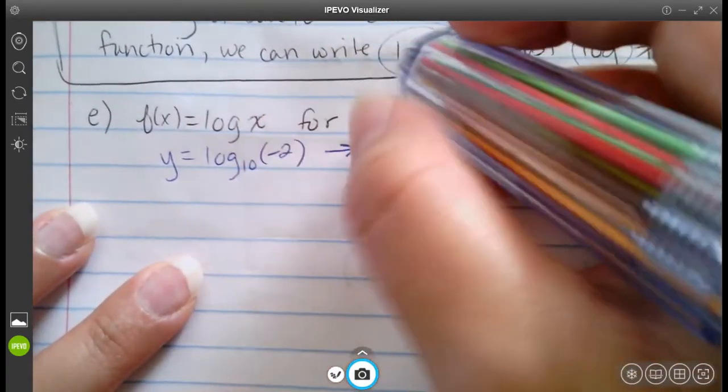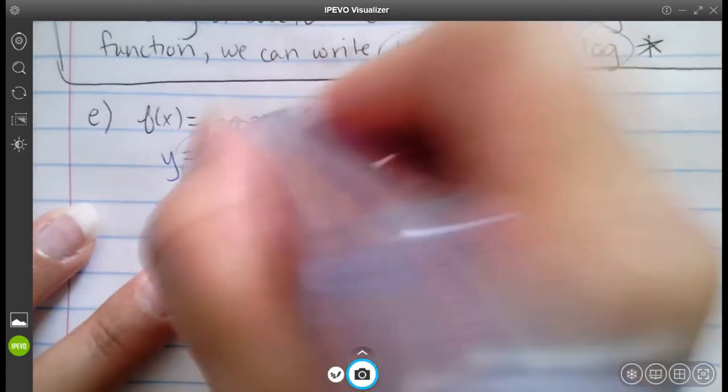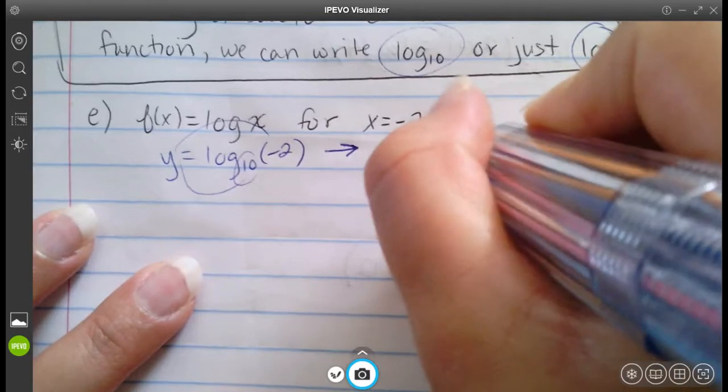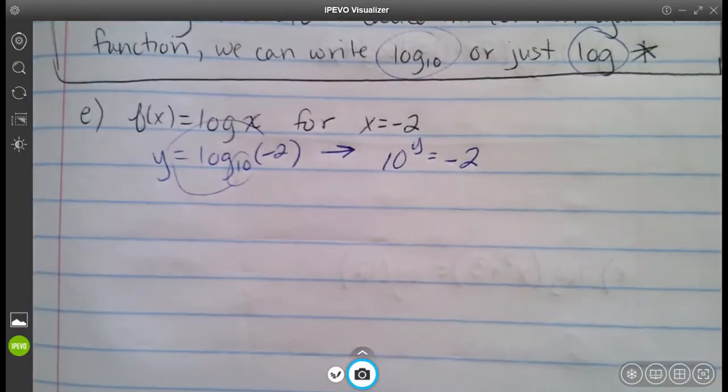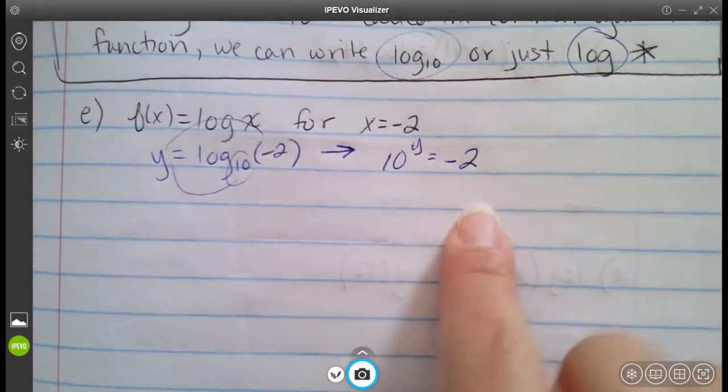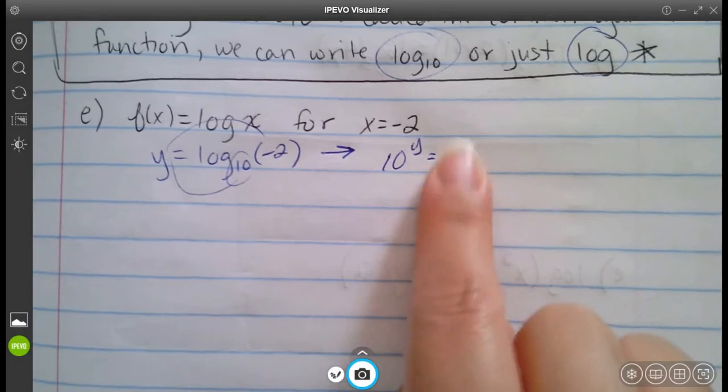And if we rewrite this as an exponential, we always want to try that first, 10 to the y equals -2. And this one I'm pretty sure is going to give us an error because we don't have any power that's going to give us a negative number like that. Remember that the negative exponents will flip this for us, but it doesn't make it negative. It still makes it a positive number.